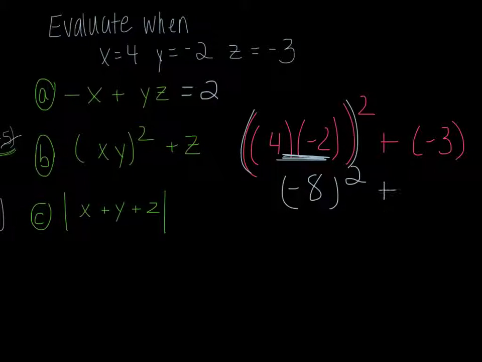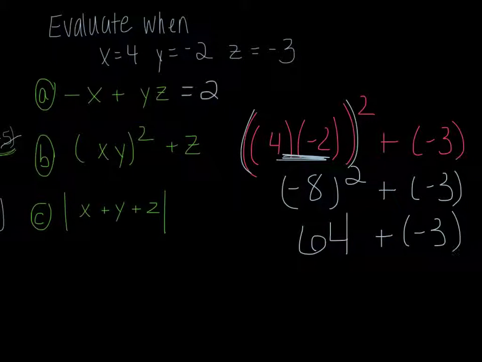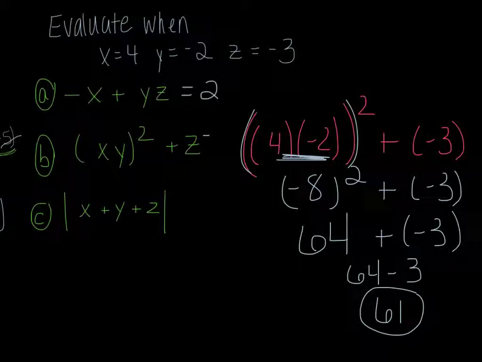And then I'm going to square that and add negative 3. Well, negative 8 squared, remember, is negative 8 times negative 8. So that's 64 plus negative 3. And remember, adding a negative is just like subtracting, so I can think of that as 64 minus 3. And I get an answer of 61.